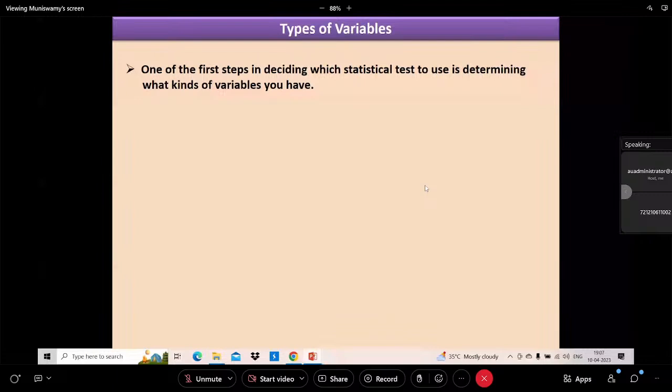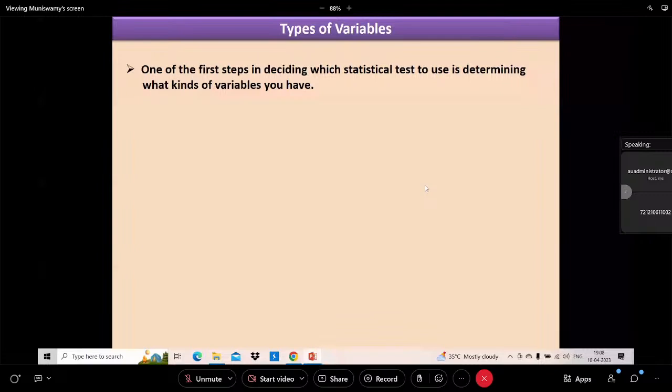For example, in the case of drug design, what kind of statistical tools are you going to apply? In the case of people, what kind of variables are they? How can you analyze the data?